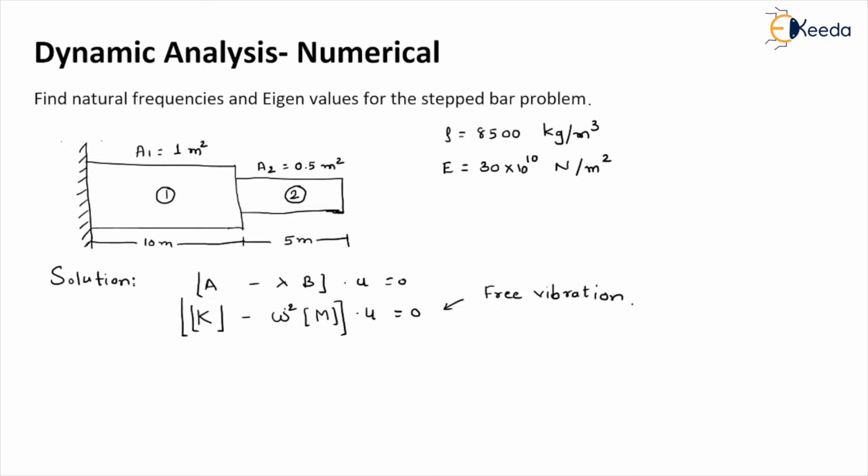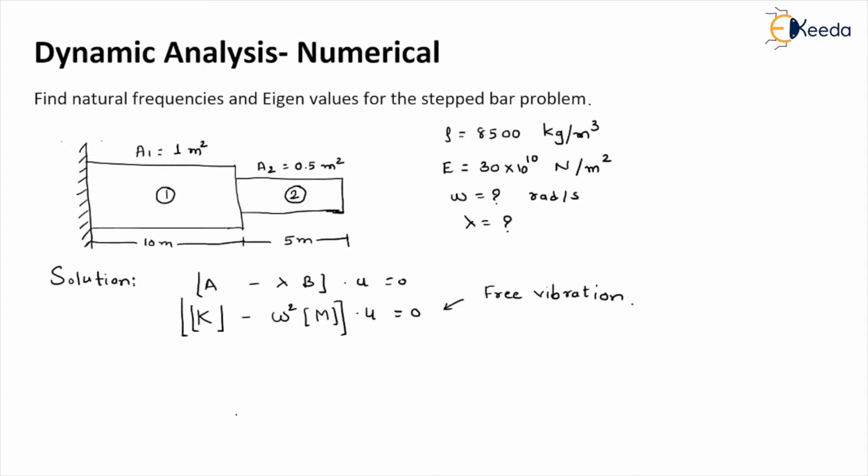That means we need to find the omega here, and the eigenvalue, lambda and omega. So these two things we need to find: omega value in radian per second, and eigenvalue. That is our purpose.